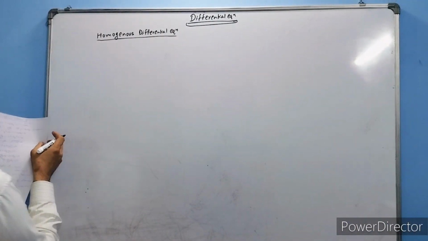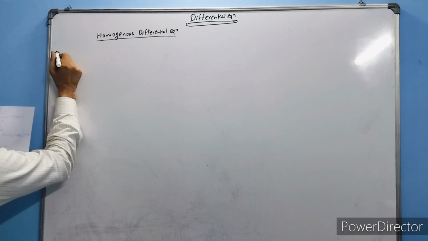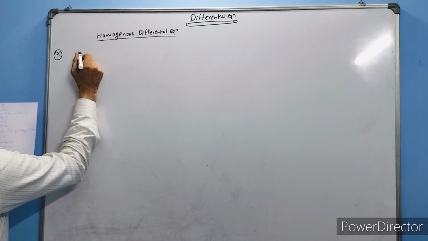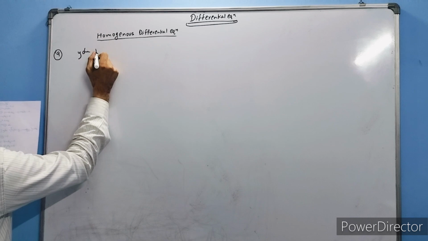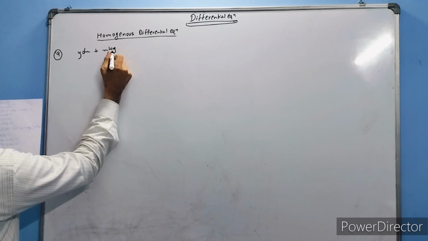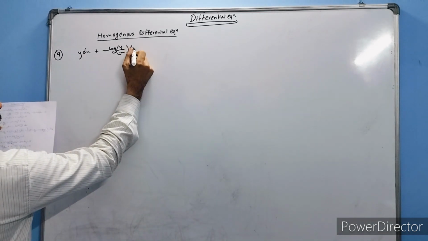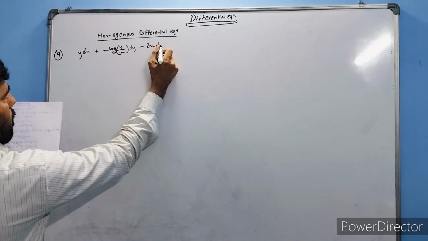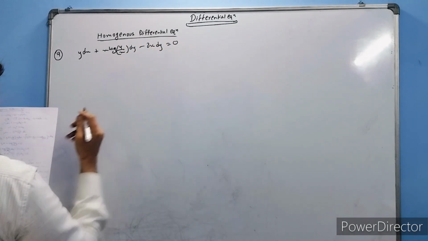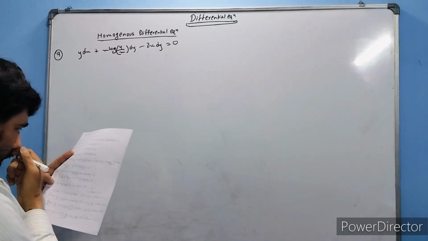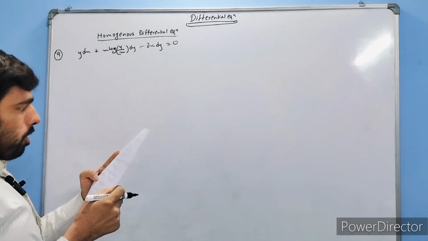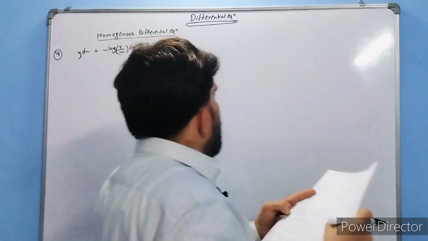The 9th is y dx + x log(y/x) dy - 2x dy = 0.